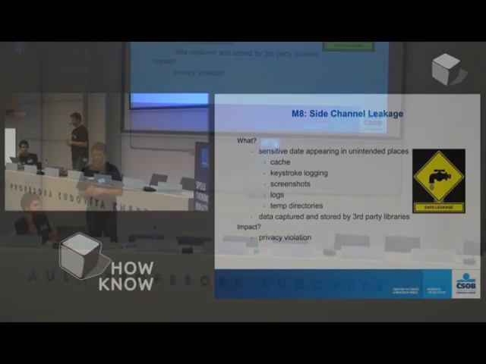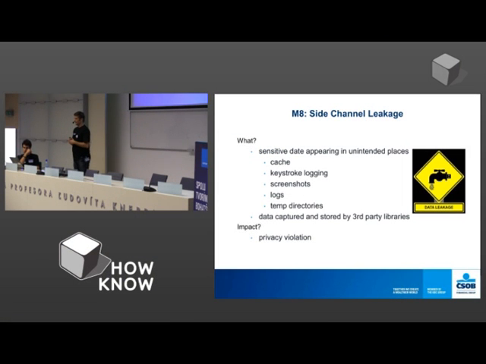Okay. Risk number 8. Side channel leakage. Happens a lot. Really, a lot of mobile applications have this without anybody being aware of it. What's the problem? You have sensitive data, or whatever data, appearing in places where it was not intended to be.